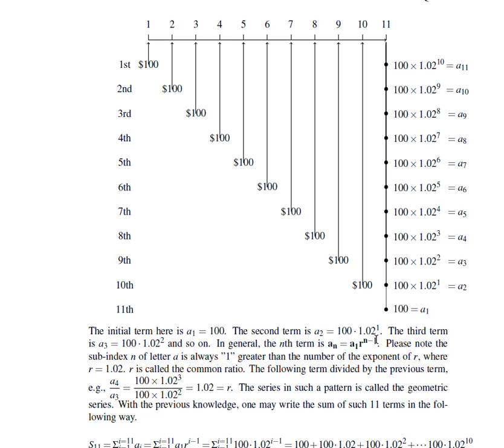Remember, R to the 0 is 1. R to the 0 is not 0. R times 0 is 0. R to the 0 is 1. Okay? So n is 1. You have A1 equals A1, and R to the 0 is 1. Okay? So this formula is correct for A1.